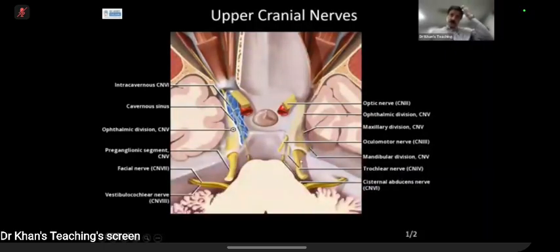So I repeat, the fifth nerve goes into the Meckel's cave, two branches, V1 and V2, go into the cavernous sinus. V3 goes through the foramen ovale into the masticator space. Now, the sixth nerve passes through the sphenoid bone and goes into the cavernous sinus, and of course goes into the orbit.